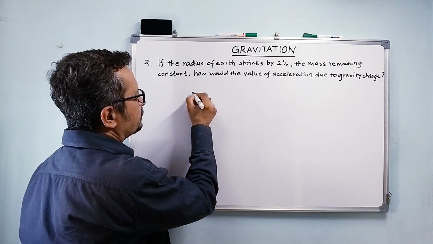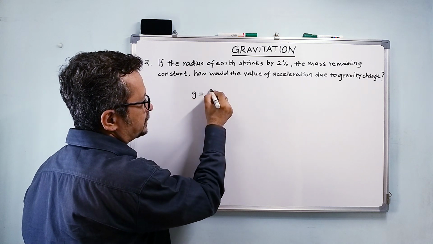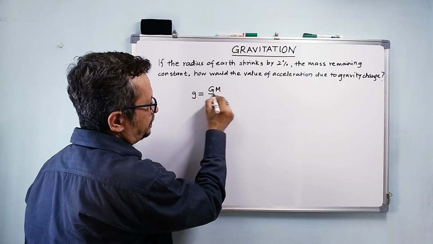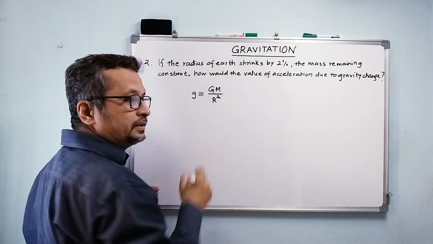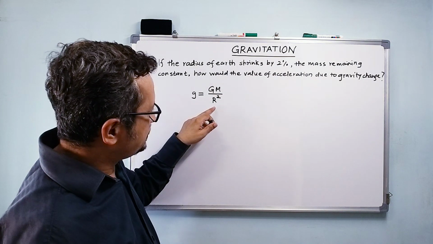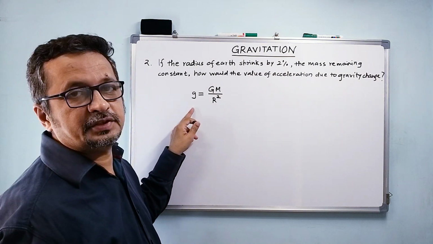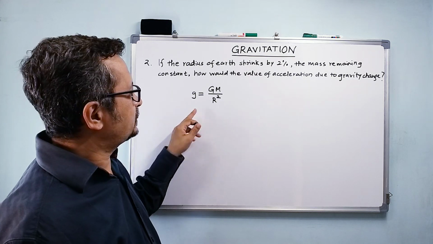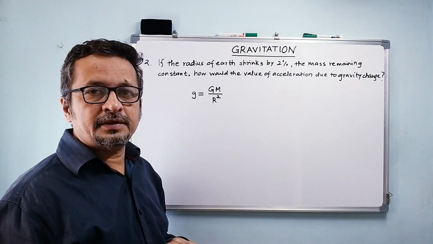Because my formula for g is equal to GM upon r square. So if this is changing, this will change. Okay, so let us try and find this out.